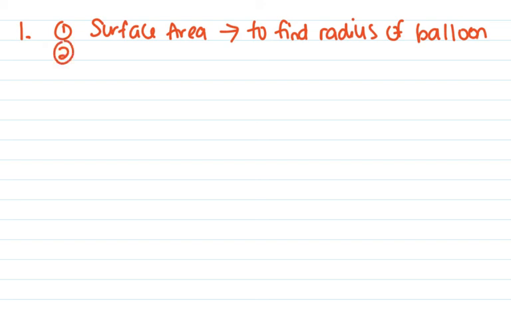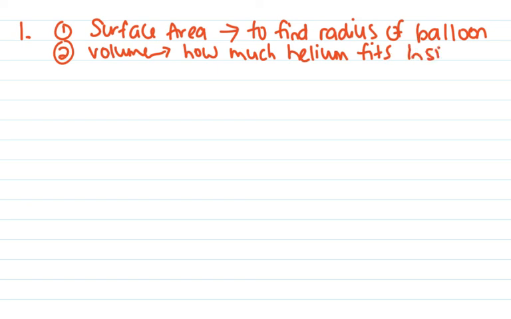Then we're going to look at the volume to see how much helium fits inside. And then the third step is we'll add the cost of helium and the cost of balloons to find the total cost.